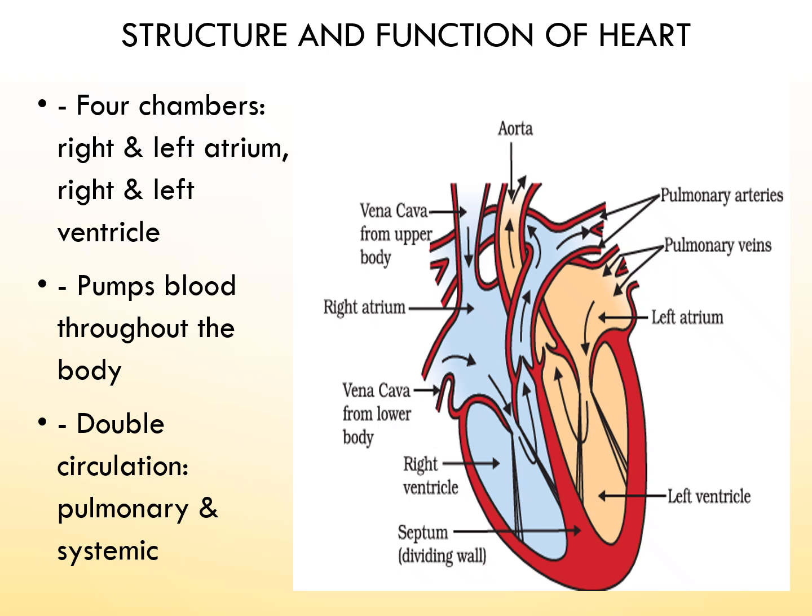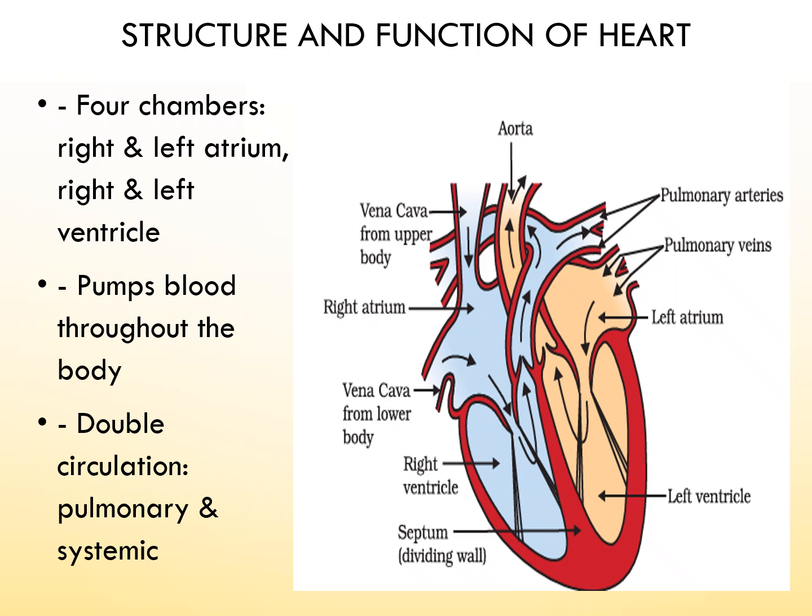First we will begin with the first component of the circulatory system, which is the heart. The heart is a four-chambered structure. It's a muscular organ the size of your fist, and it is located between the lungs.